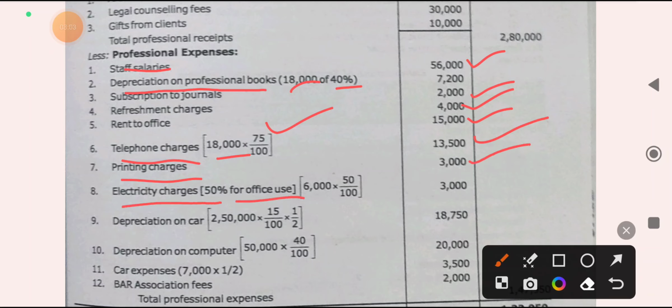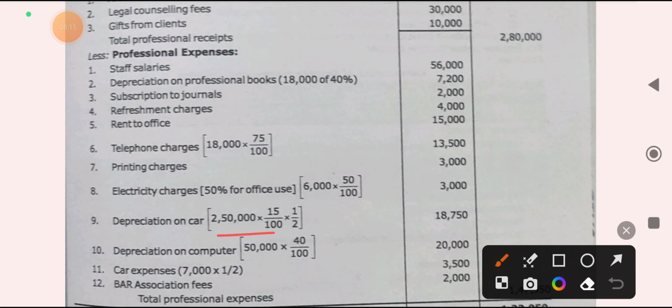Electricity 50% used for office, so 6,000 into 50%, 3,000. Depreciation, I said 15% into 1 by 2, because half of the car is used for business purpose and half is for personal. So car purchase 2,50,000 into 15% into 1 by 2.